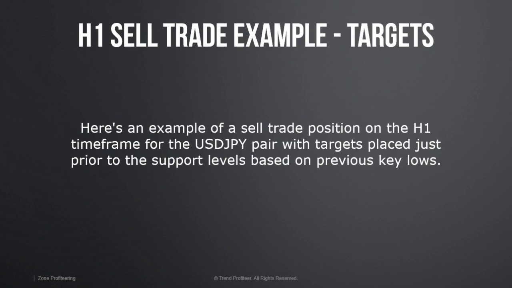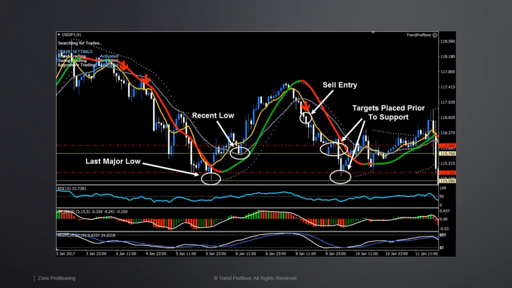Okay, so let's look at a couple of examples of targets. First of all, we've got a 1-hour time frame on the dollar yen, and you can see here we've got a major low here, and this is the sell entry that I'm looking at. You can see here a recent low from this pivot low as well.